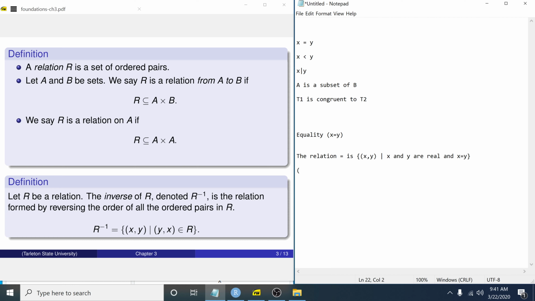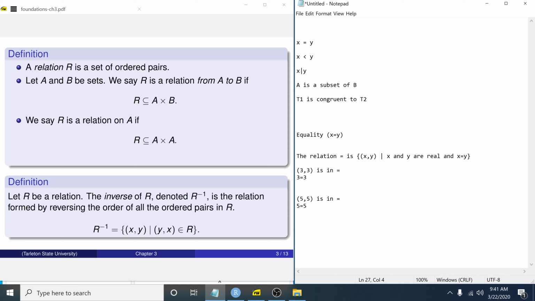So for example, 3 comma 3 is in the relation equals. Or we could say that 5 comma 5 is in the relation equals. But again, we don't want to go through the cumbersome process of writing it in this way. So what did we do earlier? We put 3R3, but we don't need to say R because our relation is equality, so we put 3 equals 3. And suddenly, this is the notation that we use all the time, or we can say 5 equals 5.